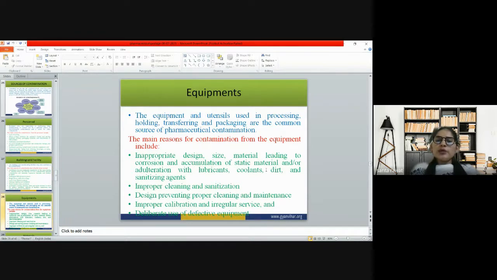Now talking about the equipment, the equipment and utensils used in processing, holding, transferring and packaging are common sources of pharmaceutical contamination.